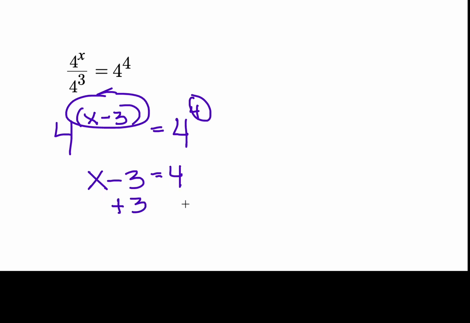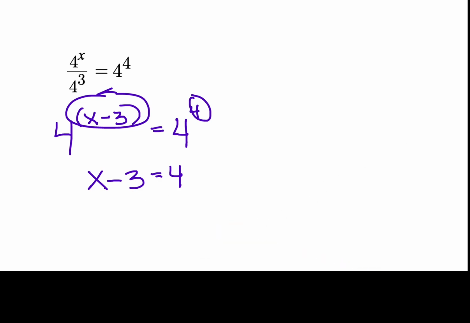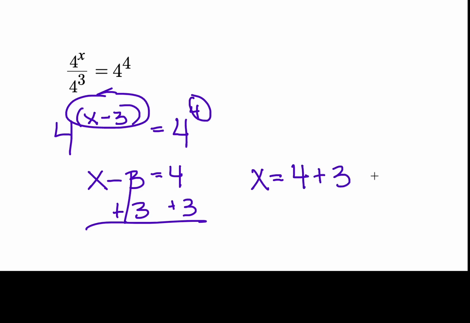Since 3 is being subtracted here, I need to add it to move it to the other side. X equals 4 plus 3, which results in an answer of 7.